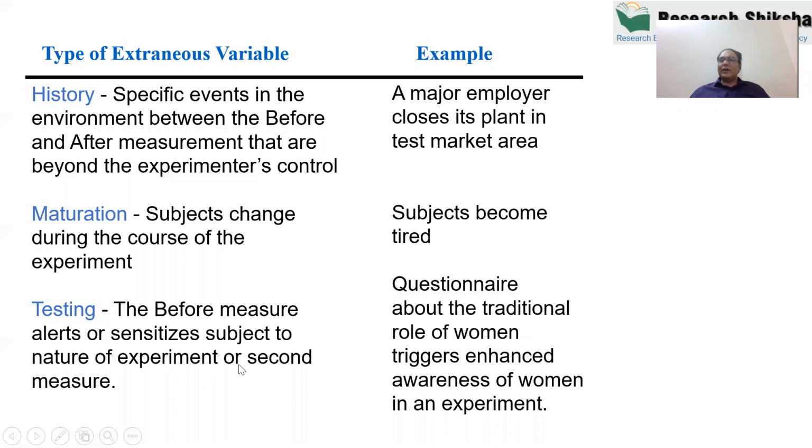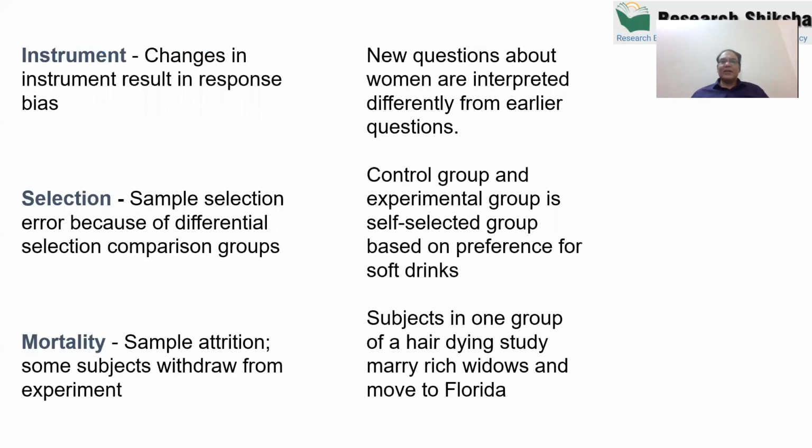Testing means that if your students know the teacher is doing an experiment on them, they also feel bad or good and give you a different outcome. Then instrument: sometimes due to wear and tear, the instrument gives different performance.